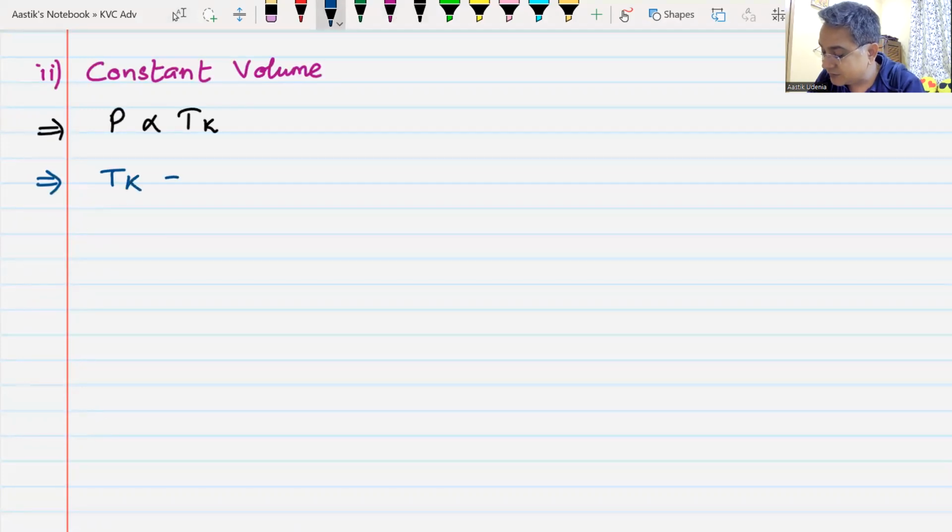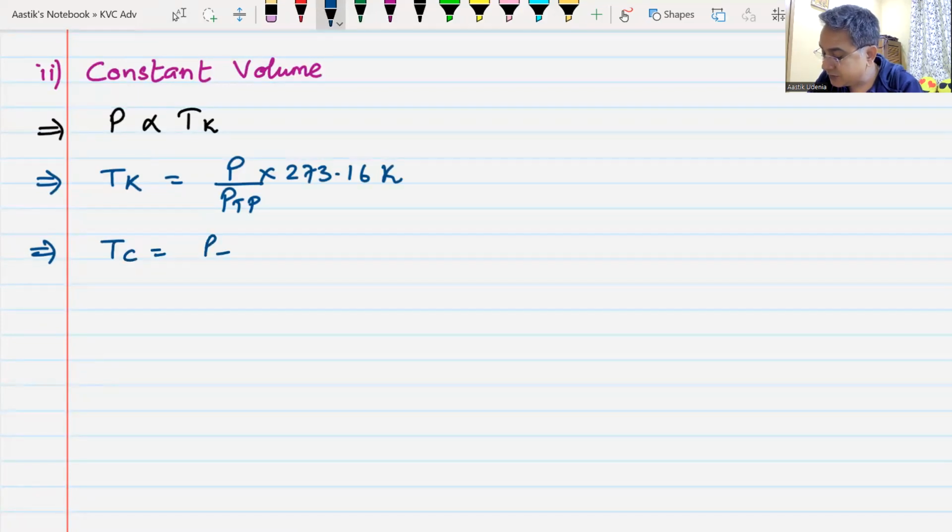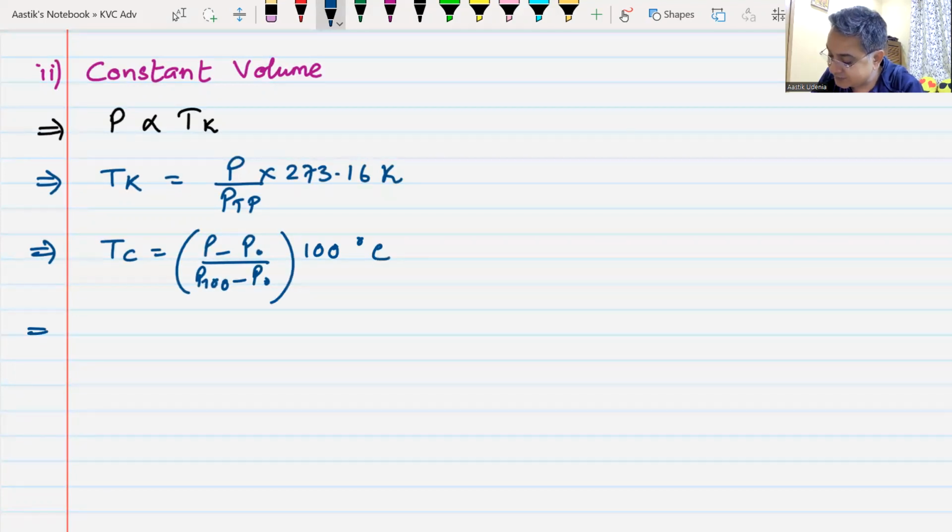So you can have this formula for this. Temperature on the Kelvin scale will be the observed pressure of the gas divided by the pressure of the gas at the triple point, multiplied by 273.16 Kelvin. For the Celsius scale, (P minus P0) upon (P100 minus P0) multiplied by 100, and the answer would be in degrees Celsius.